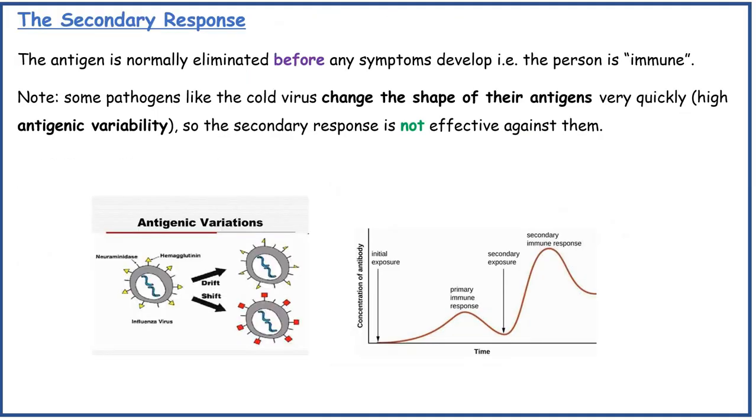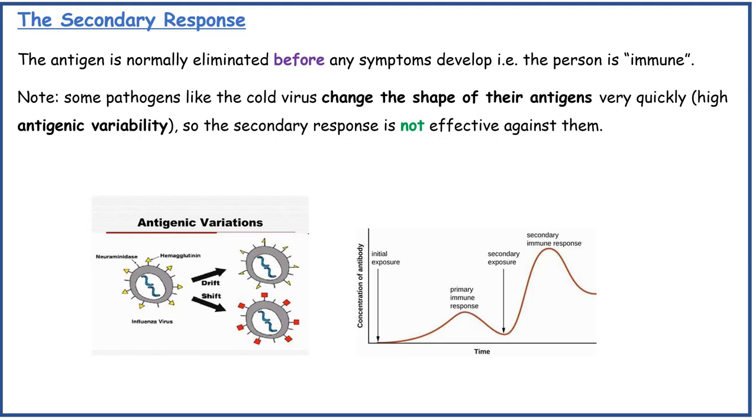The antigen is normally eliminated before any symptoms develop in the secondary immune response because the person is said to be immune. However, some pathogens, like the cold virus, change the shape of their antigens very quickly. They mutate their antigens and they have high antigenic variability.